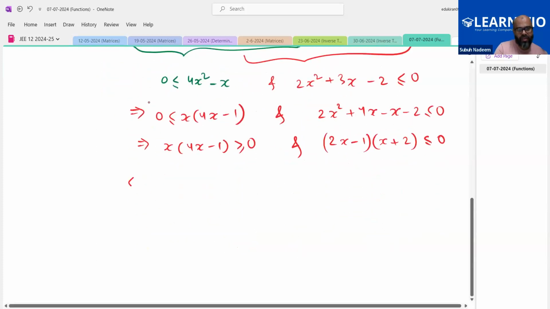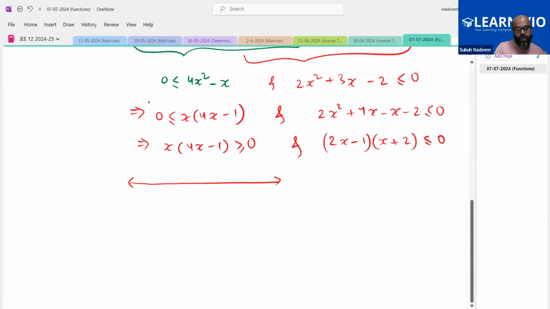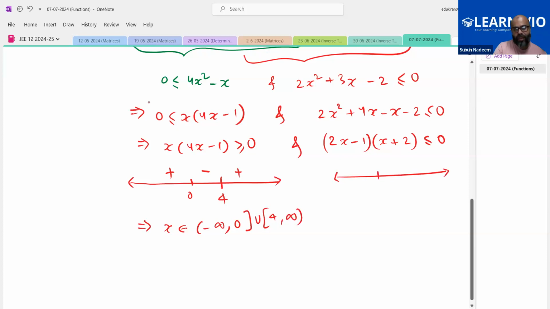So here, if we apply sign scheme, 0 and 1 by 4, it is plus, it is minus, it is plus. So this implies x belongs to minus infinity comma 0 union 1 by 4 comma infinity. And here when we plot, it is minus 2 and 1 by 2, plus minus plus. So less than equal to 0 is x belonging to minus 2 comma half.